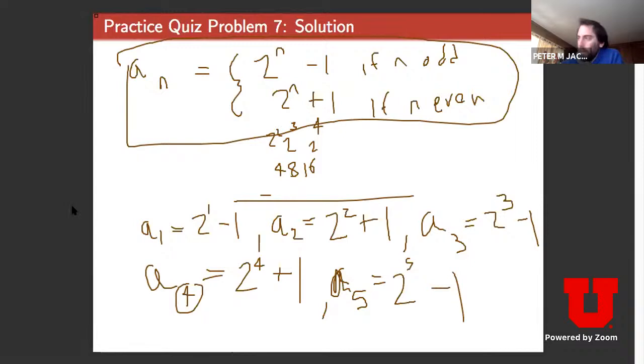I'll just write it out over here. a_n is equal to 2 to the n plus (minus 1) to the n. So when n is even, that's going to be 1, and when n is odd, that's going to be minus 1. As Michael points out there.